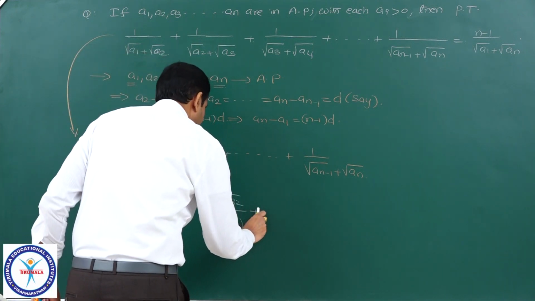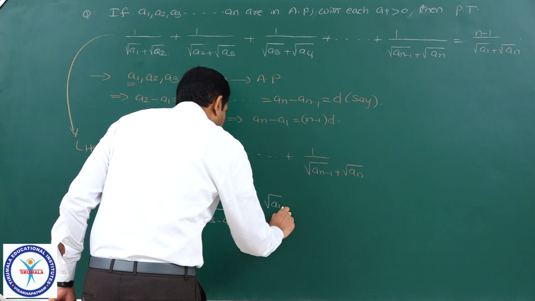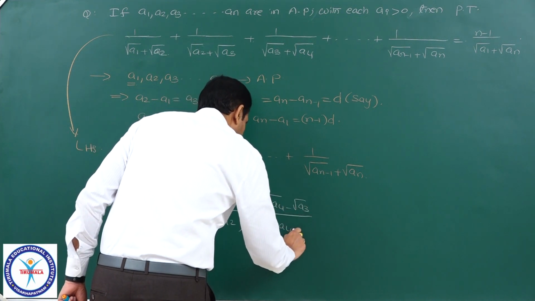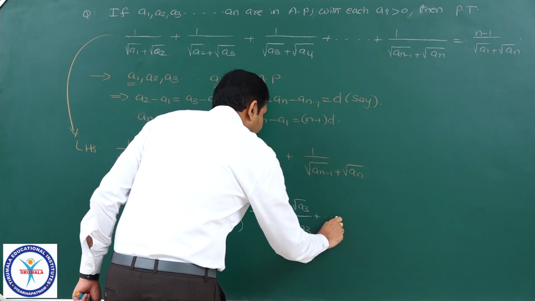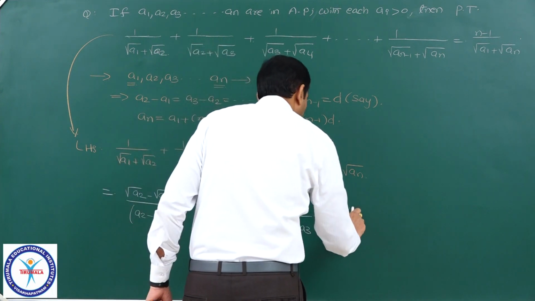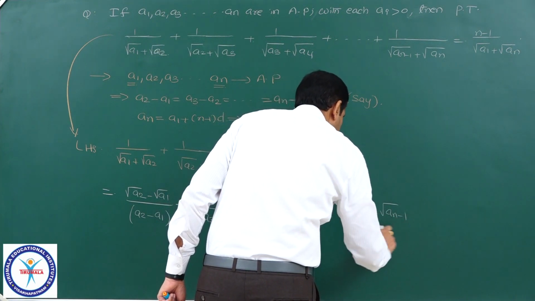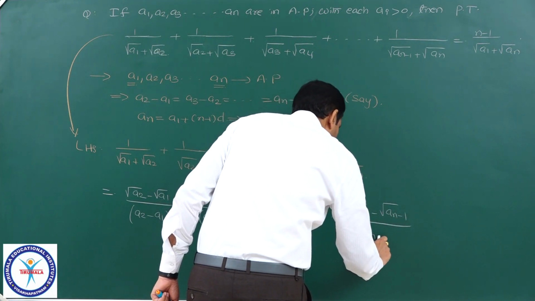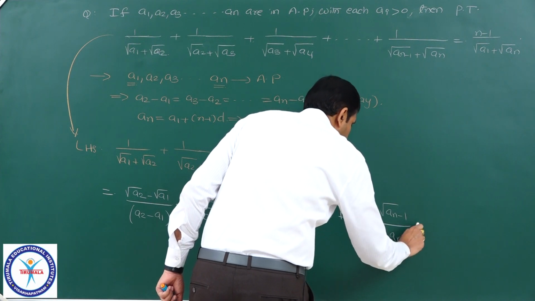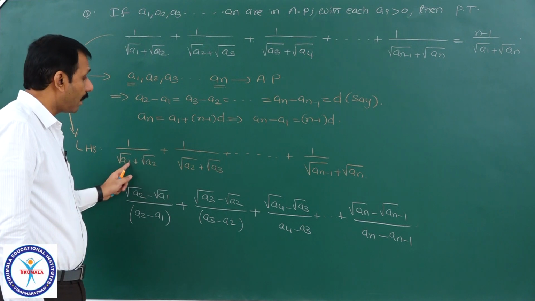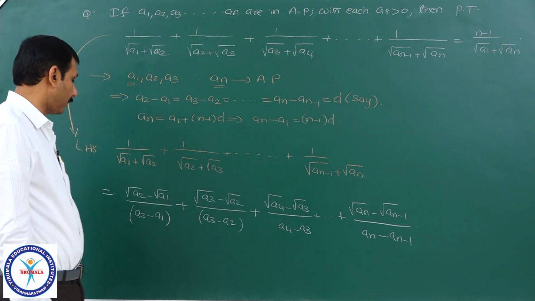If I want to write next term, it will become root a4 minus root a3 by a4 minus a3, plus and so on, plus root an minus root of a(n minus 1) by denominator an minus a(n minus 1). Just I have rationalized all the denominators of these terms.